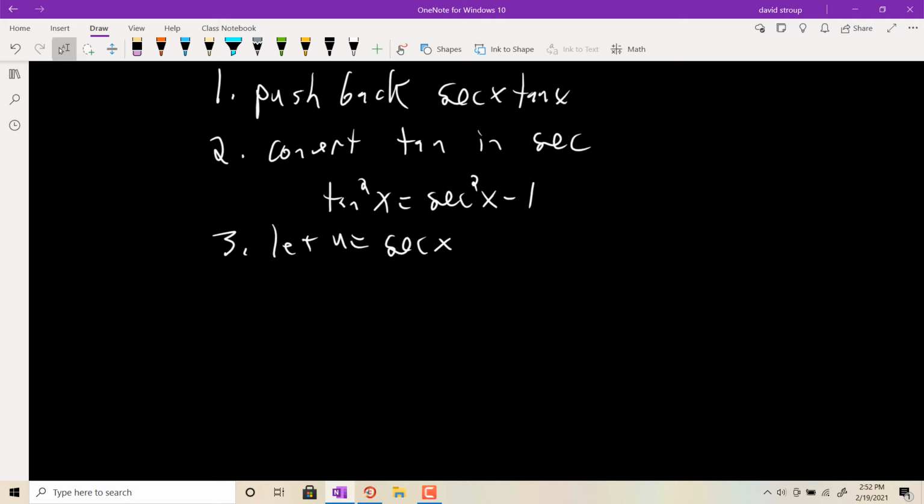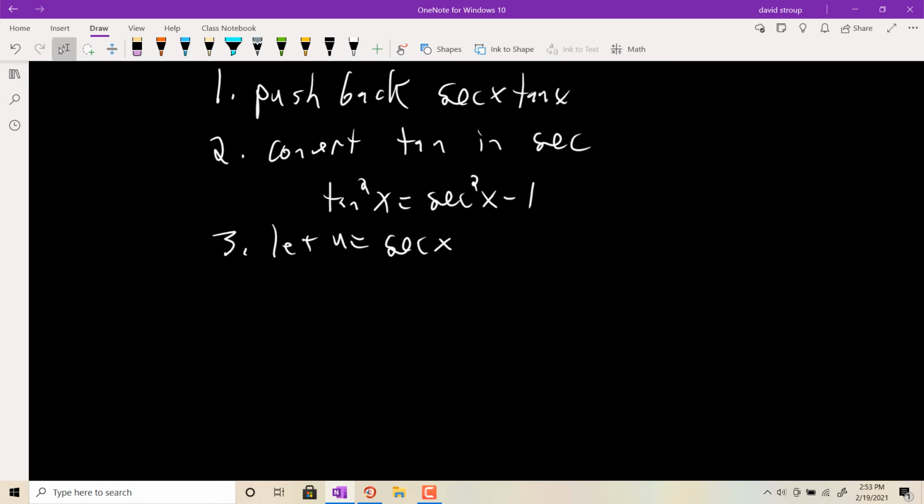This is part of homework, video homework number 4, I believe. This is 8.3, and I'm looking at this integral. Sorry, just one second. Tan cubed 2t secant cubed 2t dt.